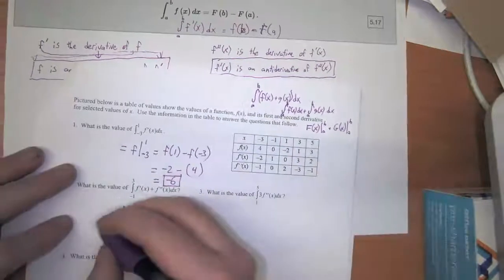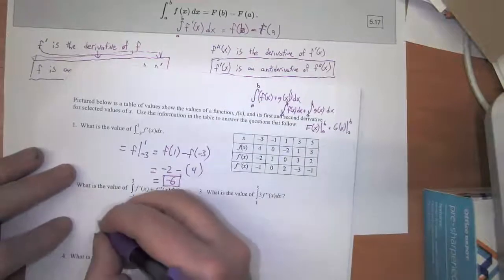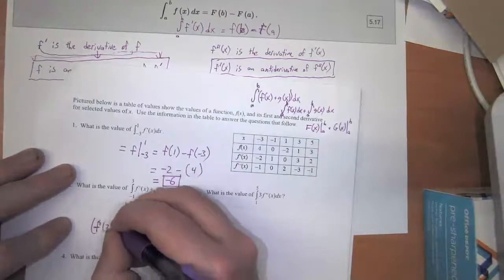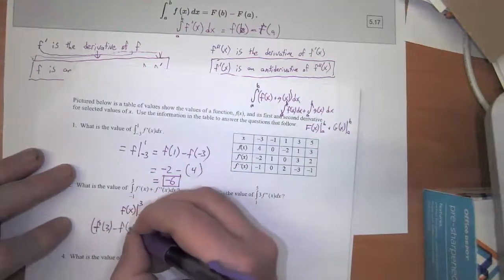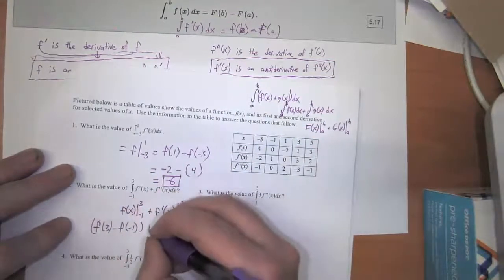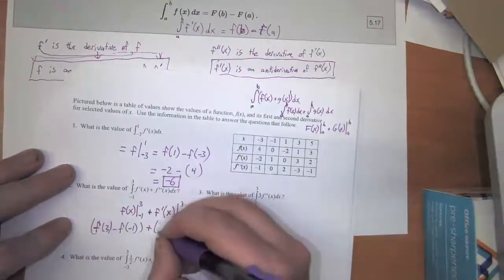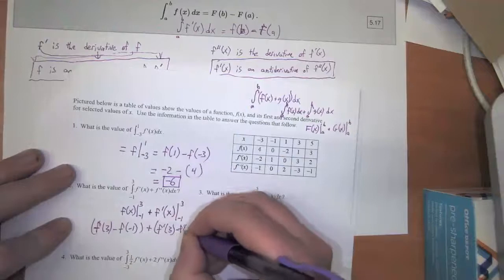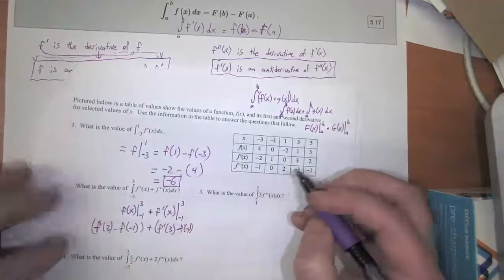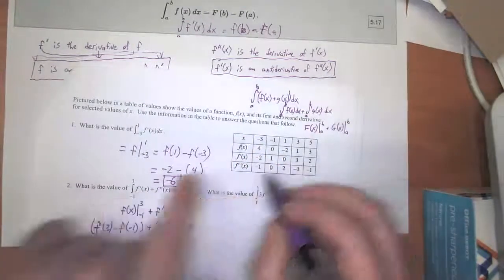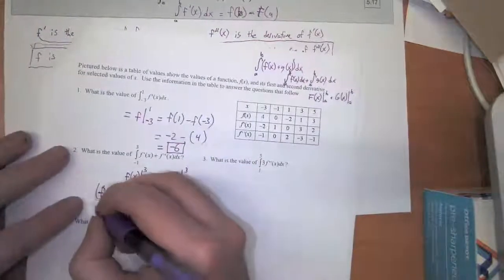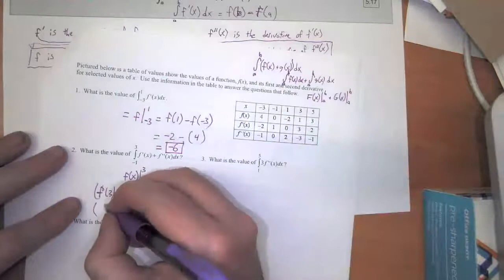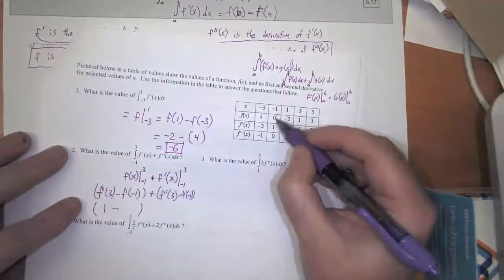All right, and so that is f of 3 minus f of -1 plus f prime of 3 minus f prime of -1. And then we just need to take those numbers out of the table and substitute them in here. And off we go. F of 3 is 1. F of -1 is 0.